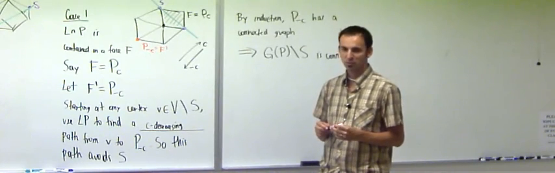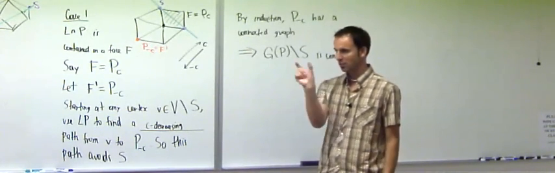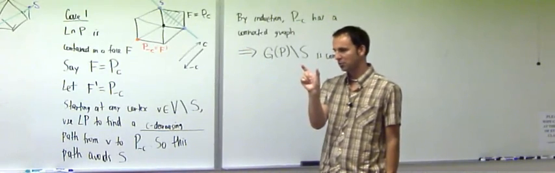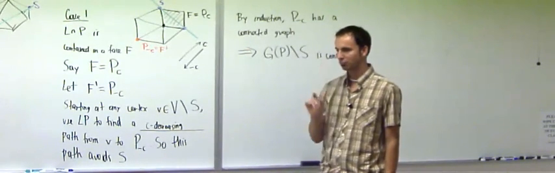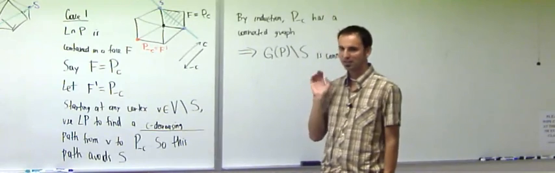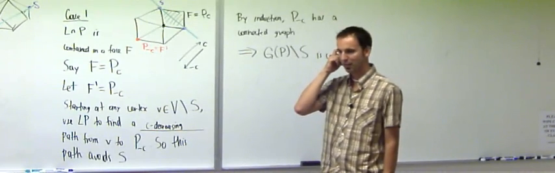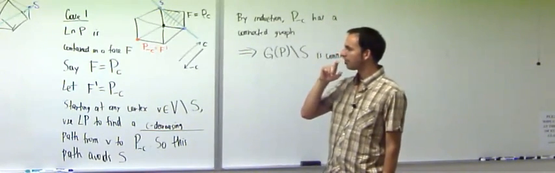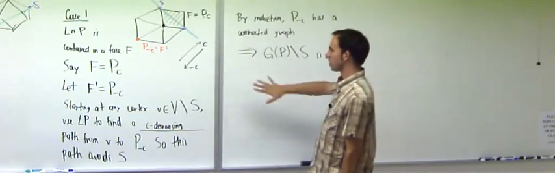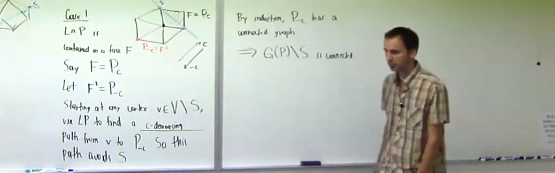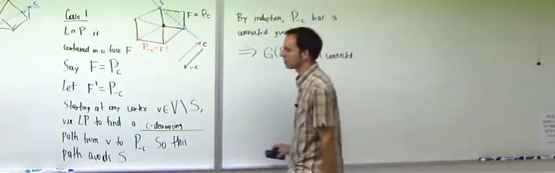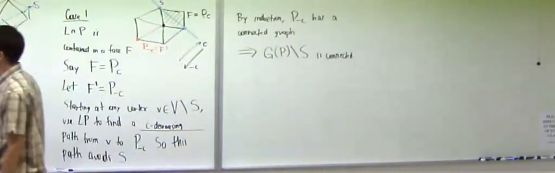But the graph of a one-dimensional polytope has to be just a segment. And one connected means connected, so a segment is connected. So the base case is free, you don't have to think. And then this is the inductive step in case 1, where L doesn't intersect the interior of P.